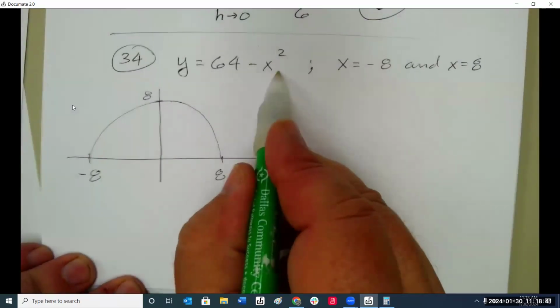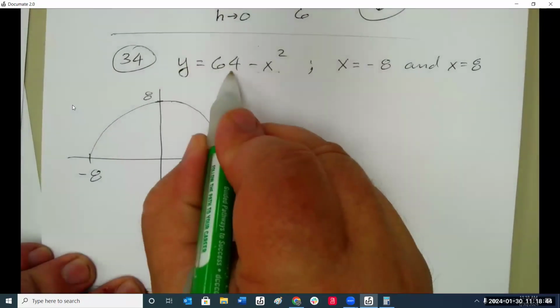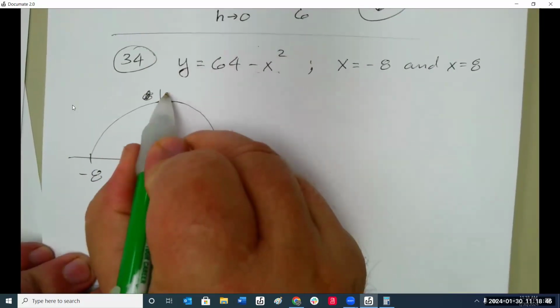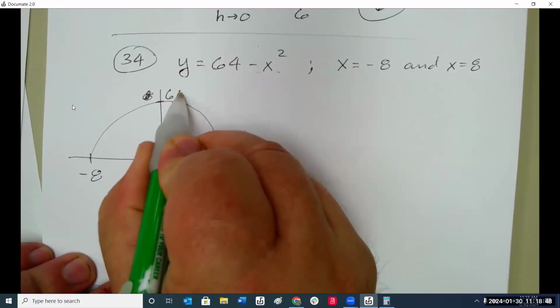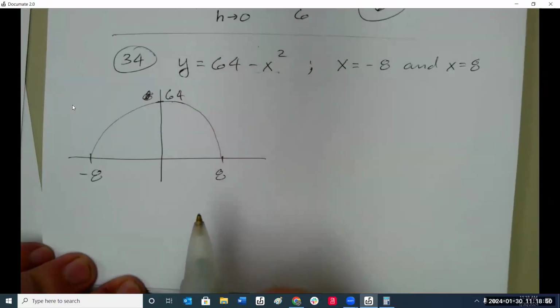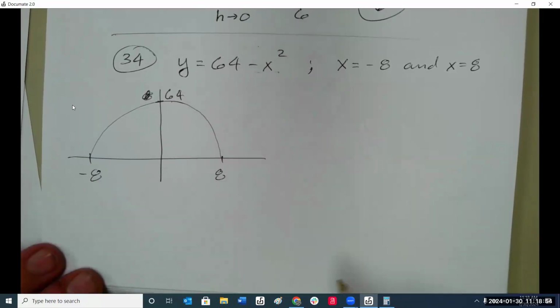It's a parabola opening down. Well, at x equals 0, it's 64. Okay, so look at it that way.